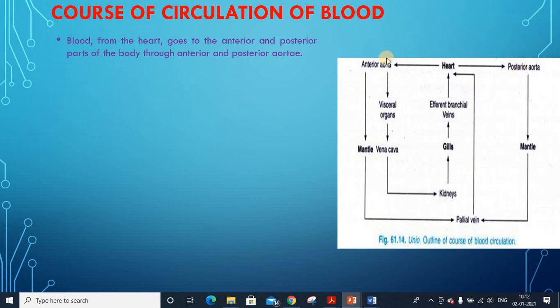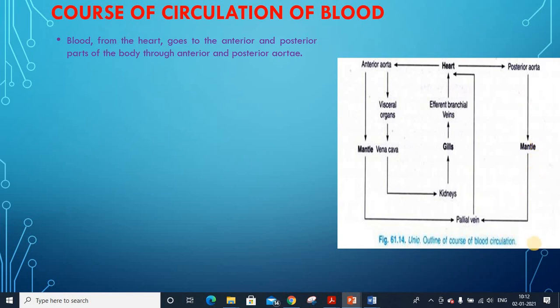Through these aortae, anterior aorta and posterior aorta, a part of the blood goes to the mantle. Here you can see, and from the posterior part also goes to the mantle, where oxygenation occurs, and finally oxygenated blood is conveyed to the auricle through the pallial vein.